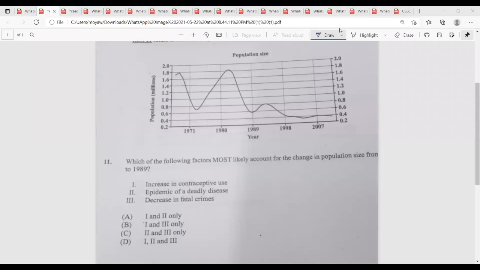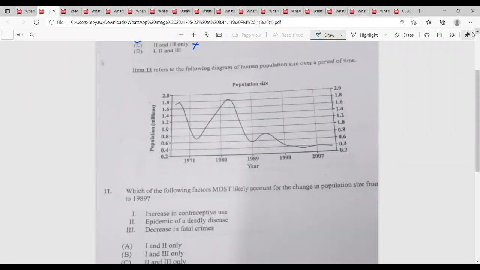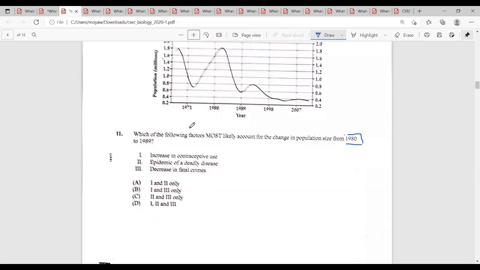Question 11. Item 11 refers to the following diagram of a human population size over a period of time. So this is a diagram. So which of the following factors most likely account for the change in population size from 1980 to 1989?